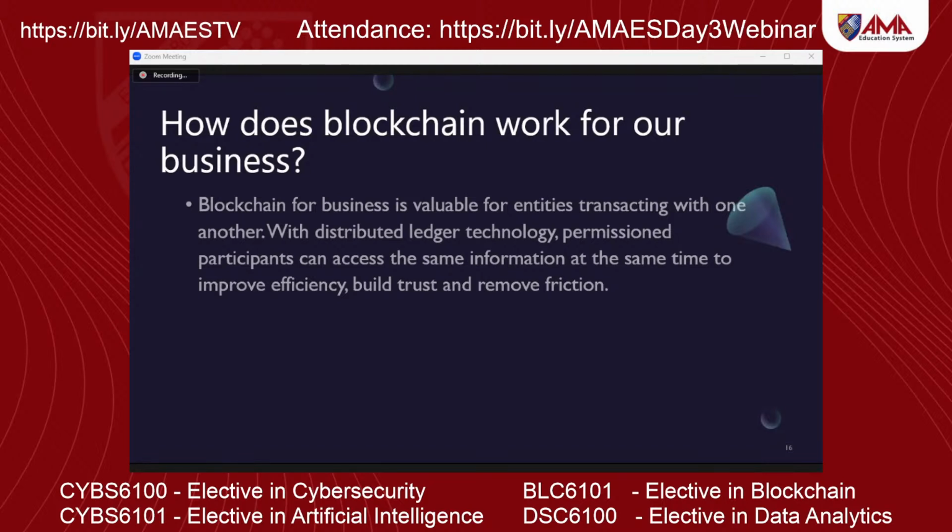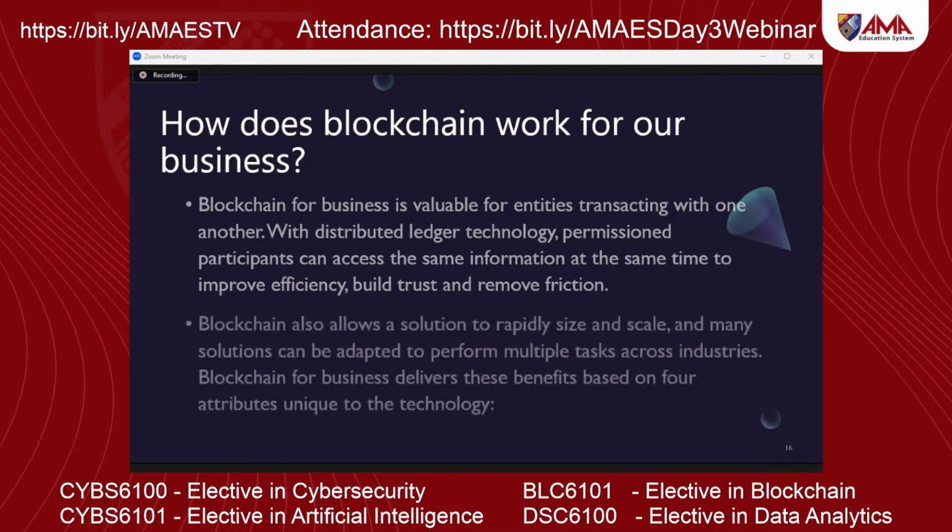Permissioned participants can access the same information at the same time to improve efficiency, build trust, and remove friction. And blockchain also allows a solution to rapidly size and scale, and many solutions can be adapted to perform multiple tasks across industries. Blockchain for business delivers these benefits based on 4 attributes unique to the technology.